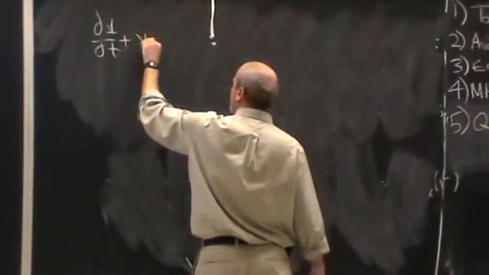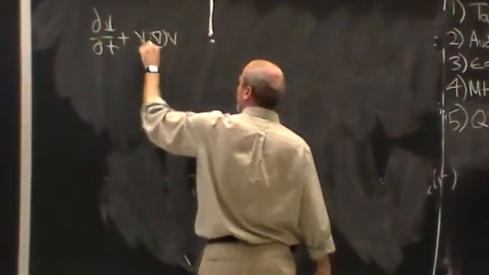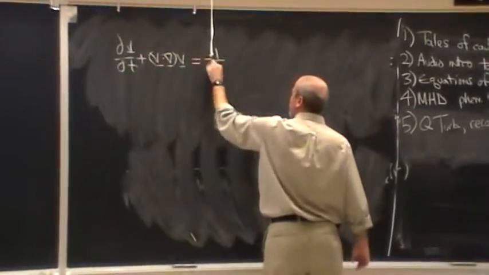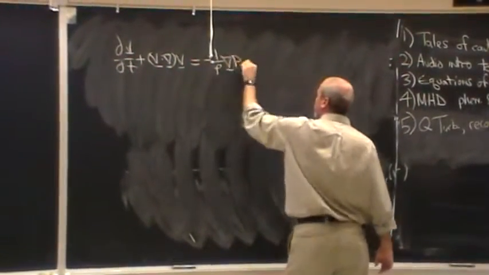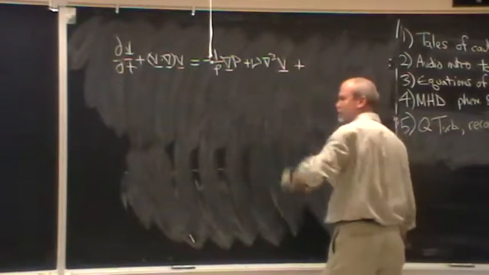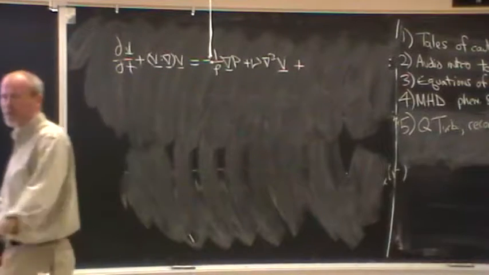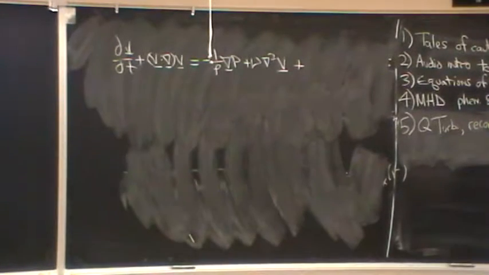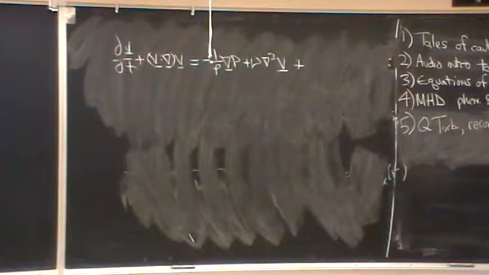So ∂v/∂t plus v dot grad v equals minus 1 over rho grad p plus nu del squared v plus, we need another force, a force per unit density, of course, in this equation. We need another force that will allow the magnetic field to back react on the velocity field. So what is the name of that force?